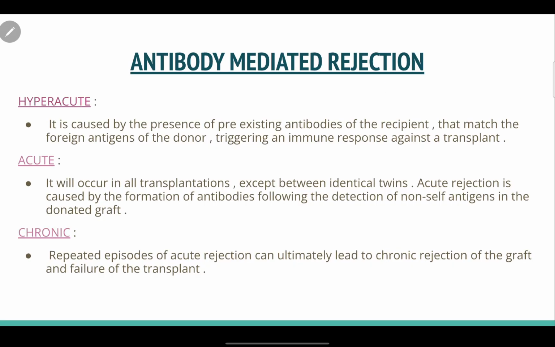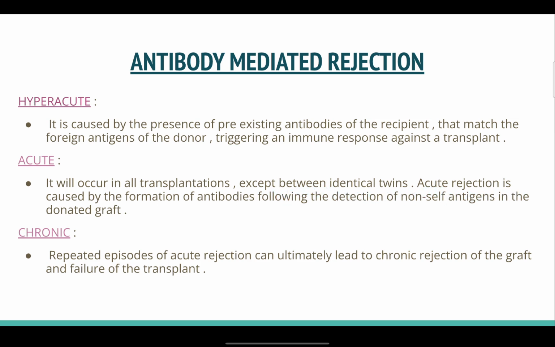Antibody mediated rejection. Here, firstly, hyperacute. It is caused by the presence of pre-existing antibodies of the recipient that match the foreign antigen of the donor, triggering an immune response against a transplant. Acute. It will occur in all transplantations except between identical twins.